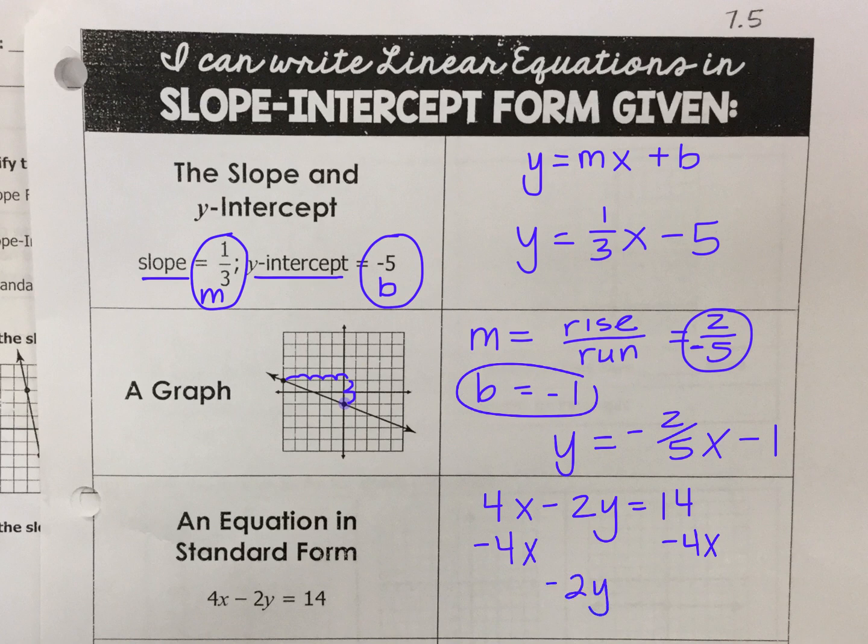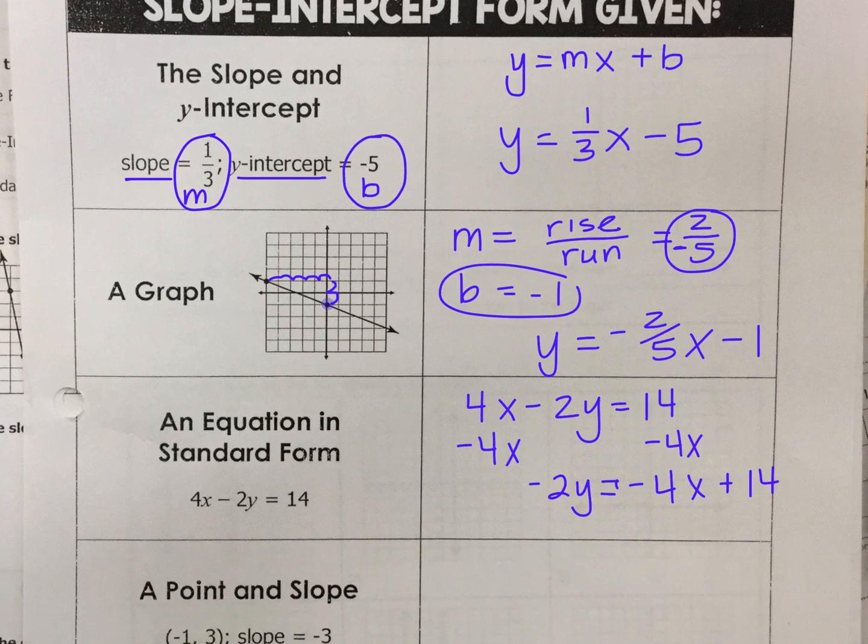Negative 2y equals, I'm going to write this as negative 4x plus 14, so that x goes in front of the number. Then I want to divide by negative 2. And I end with y equals 2 over 1x, or just a 2x, minus 7. 14 divided by negative 2 is 7.